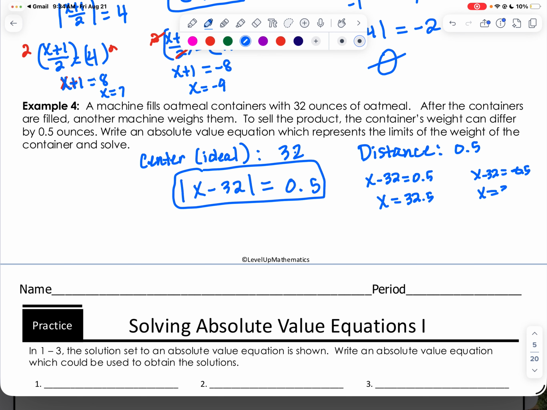And I would get 31.5. So the containers could also weigh 31.5. So 31.5, 32.5 solves this equation. And that concludes today's lesson, Solving Absolute Value Equations, Part 1.